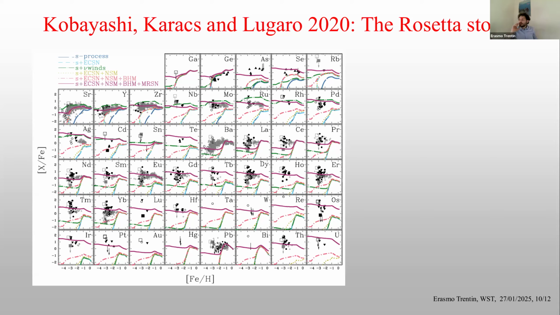But in other cases, what gives most of the contribution and eventually also a match between the model and the observation is the magnetorotational supernova.